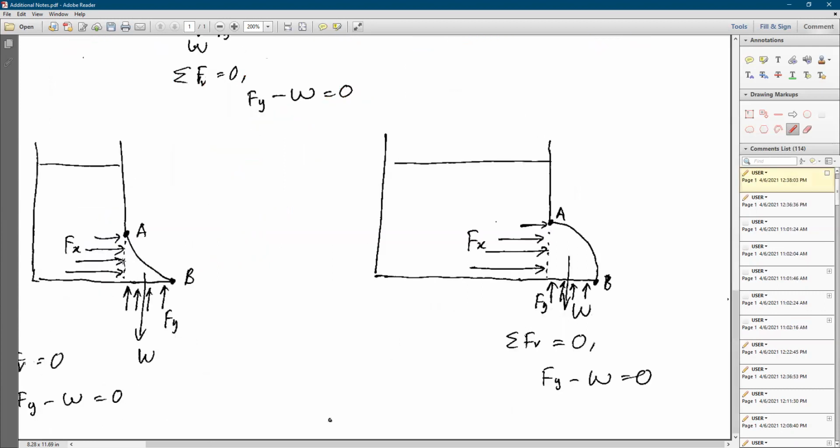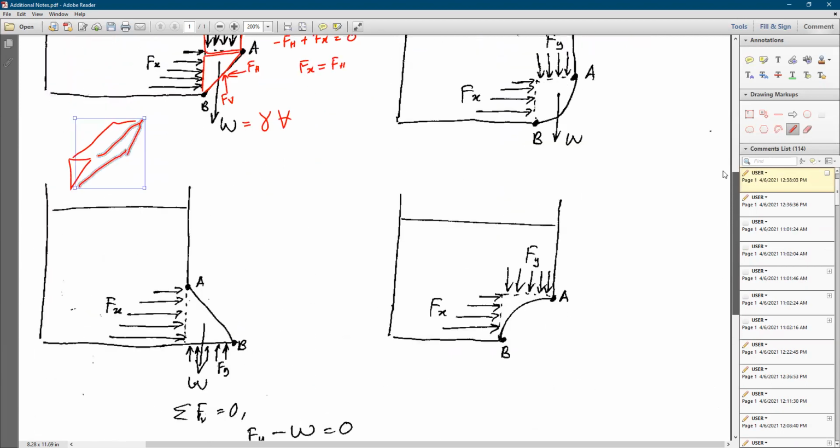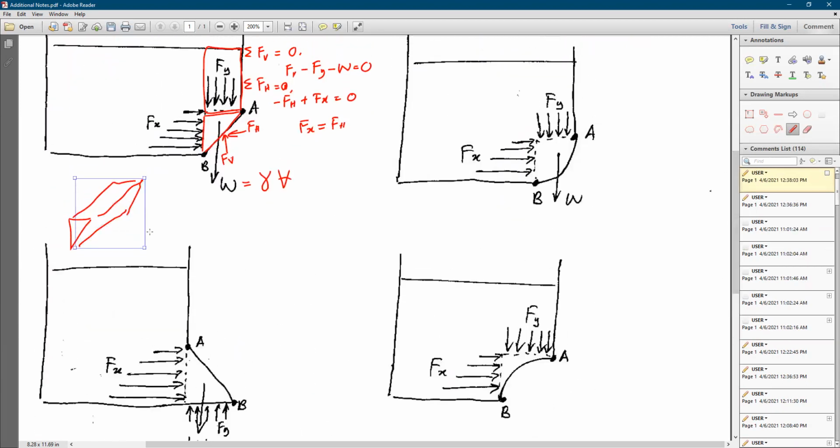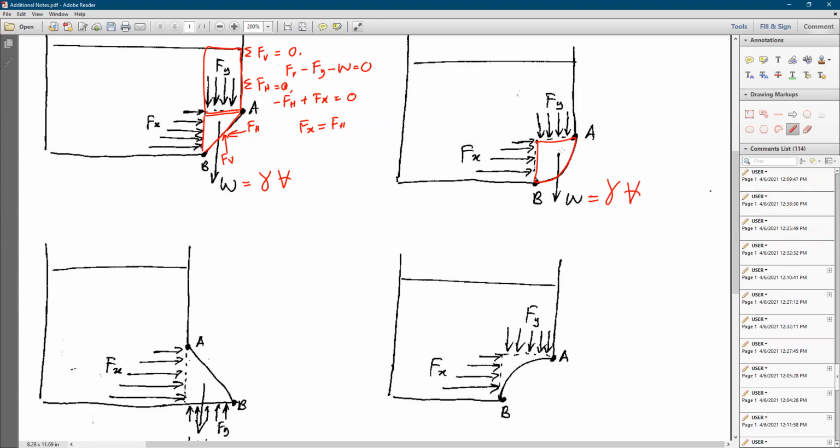Oops. Where were we? This is actually these shapes, and here it is based on these particular shapes. Gamma water times the volume of this pipe.